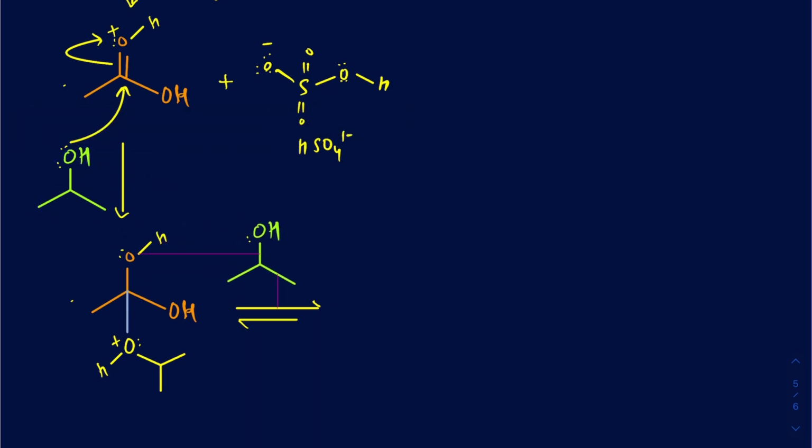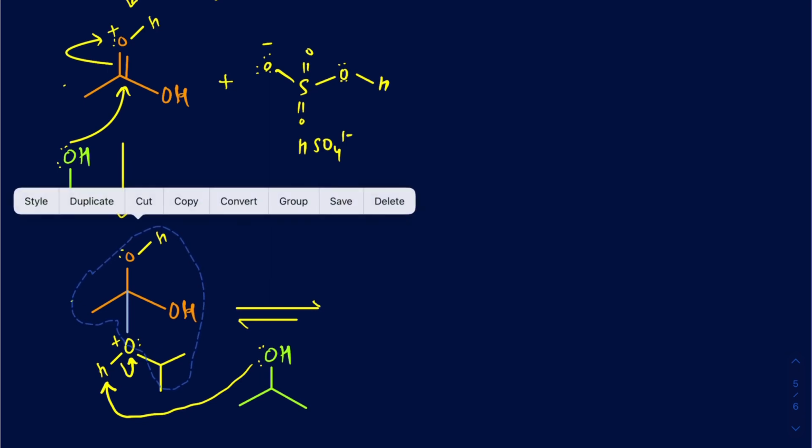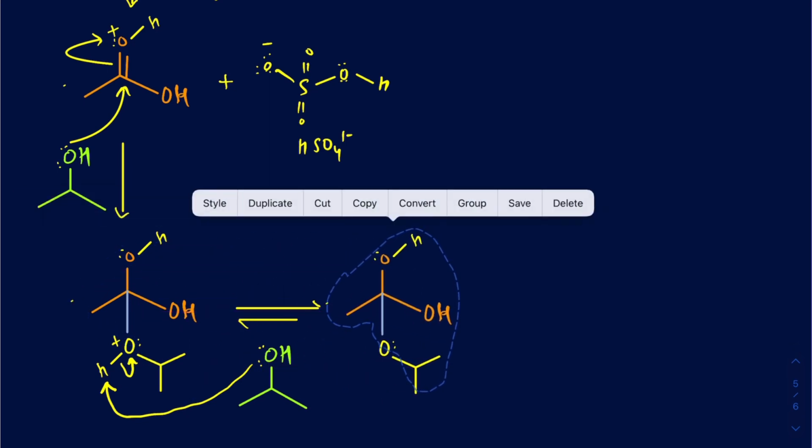And so to run that proton transfer, I can be like, okay, I'll go ahead and use my alcohol here. And this alcohol would go ahead and grab this proton, restore the electron density back onto the oxygen. So then this is how it's going to look like.